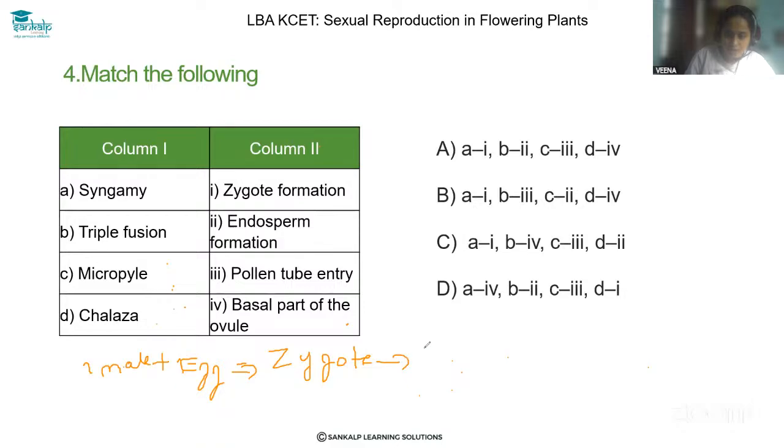This process is called syngamy, right? And then triple fusion: one male nucleus plus polar nuclei, and this process is called triple fusion.